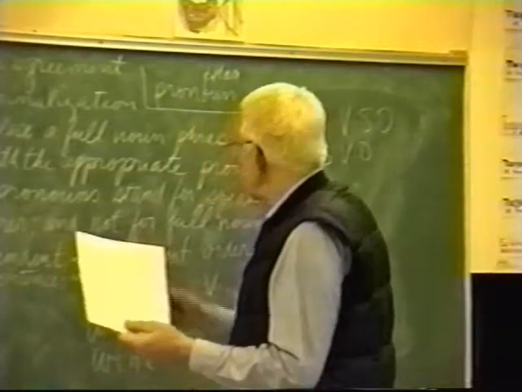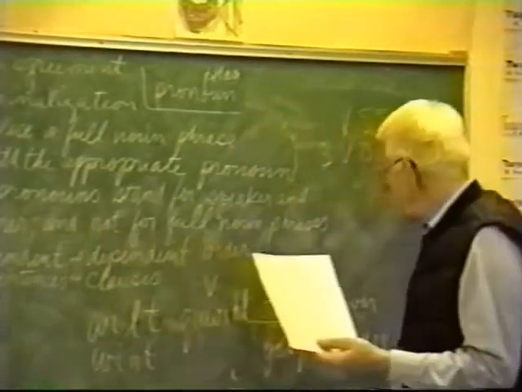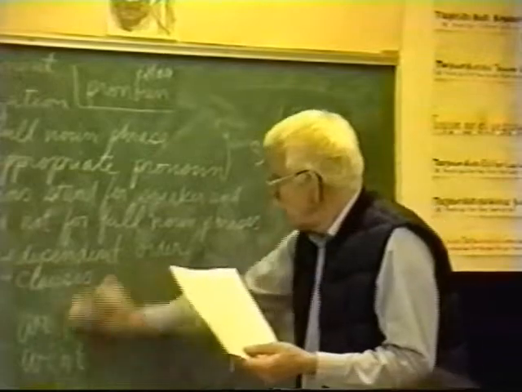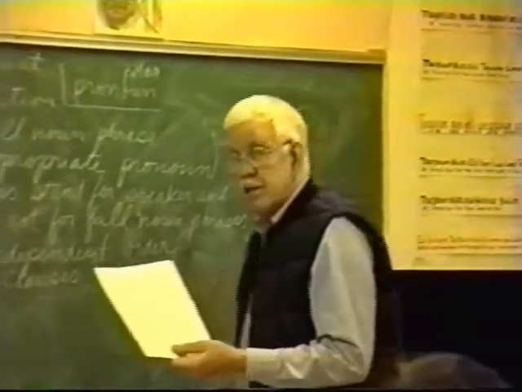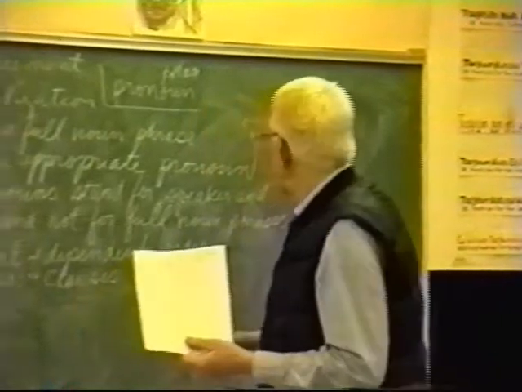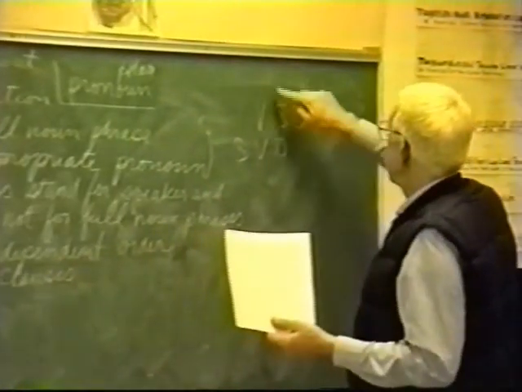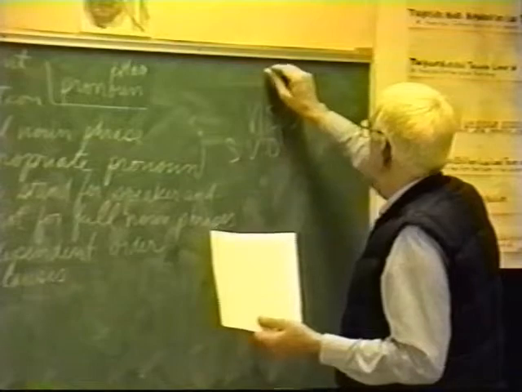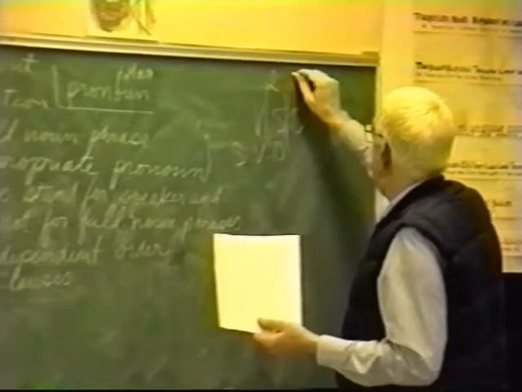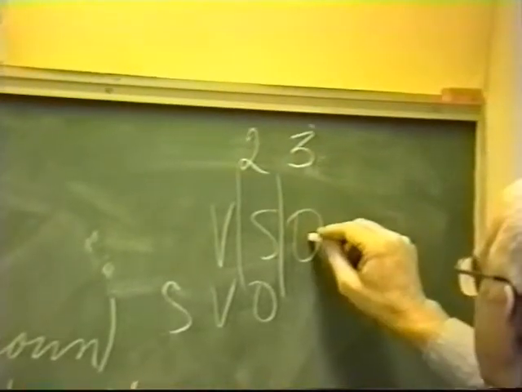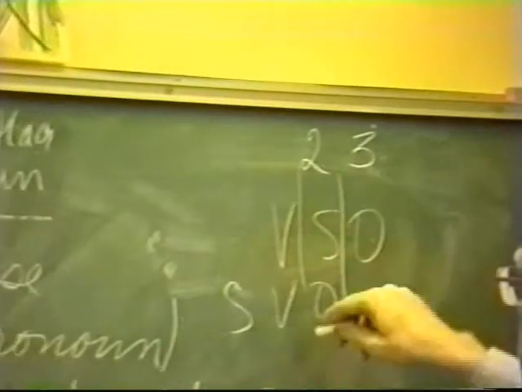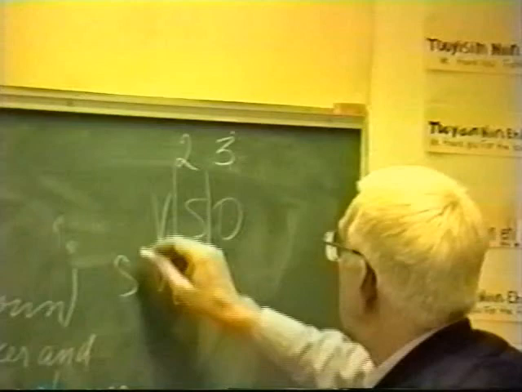And you notice these are what we call Series 1 pronouns. We've had Series 2 and Series 3. The pronouns that occur in this slot right here are the Series 2. The pronouns that occur in this slot are Series 3. These are for transitive verbs now.